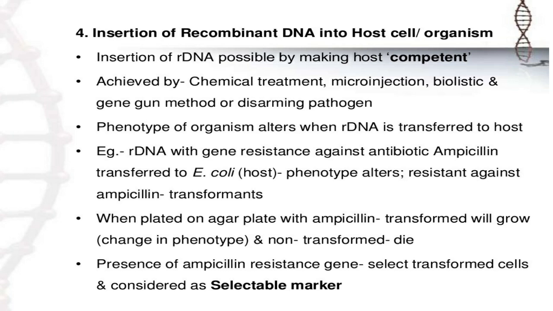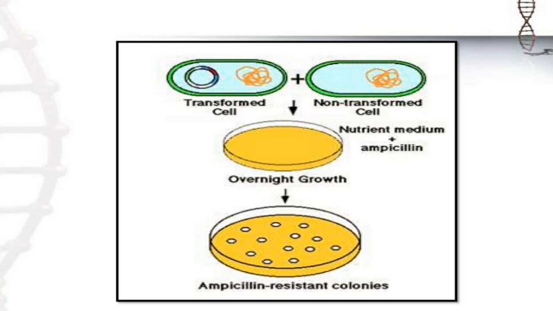For example, rDNA with a gene for resistance against the antibiotic ampicillin is transferred to an E. coli host. The phenotype alters, giving resistance against ampicillin in transformants. When plated on an agar plate with ampicillin, transformed cells will grow and non-transformed cells die. The presence of the ampicillin resistance gene selects transformed cells and is considered a selectable marker.